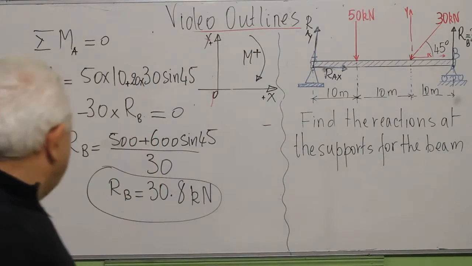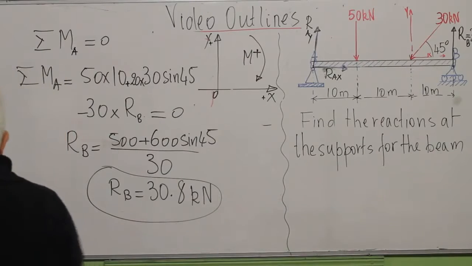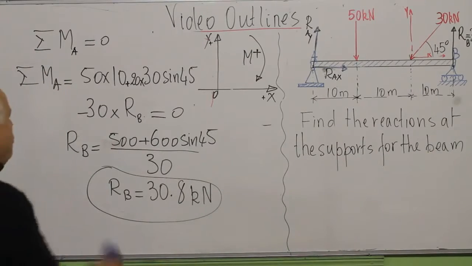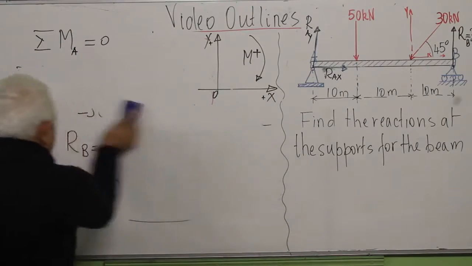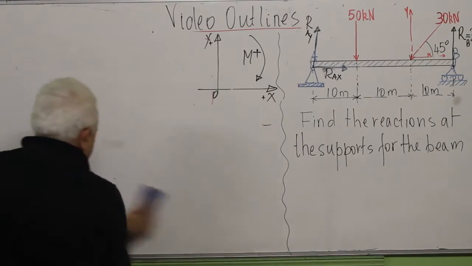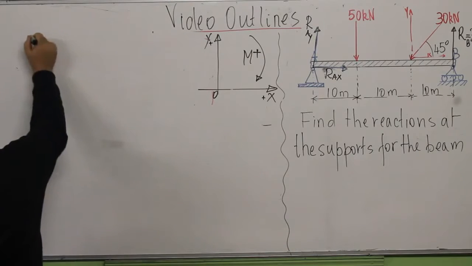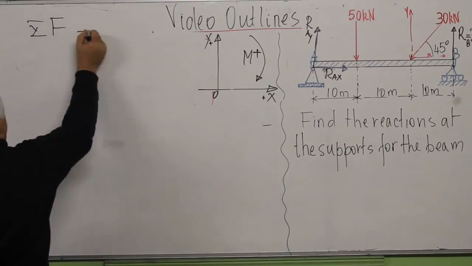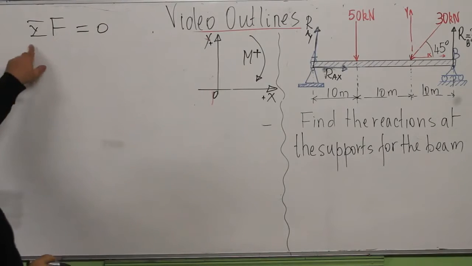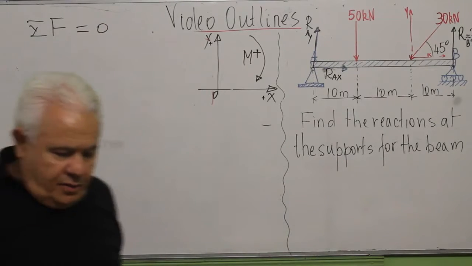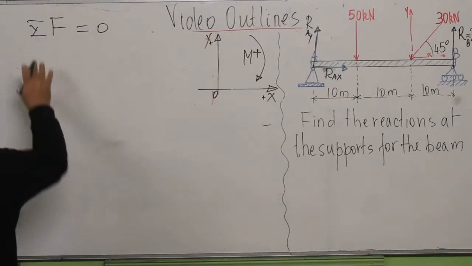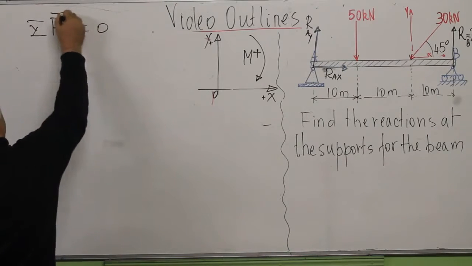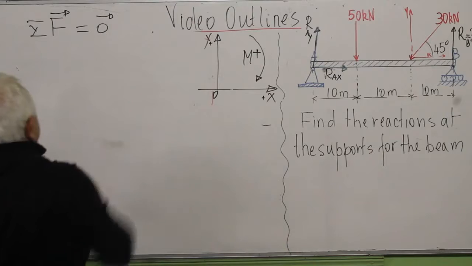Now, I will rub out this. What I'm going to do now is to use the second condition, which is sigma of the forces, the resultant of all the exterior forces, equals 0. I'll start by writing sigma this, because this is in fact a vectorial relation.